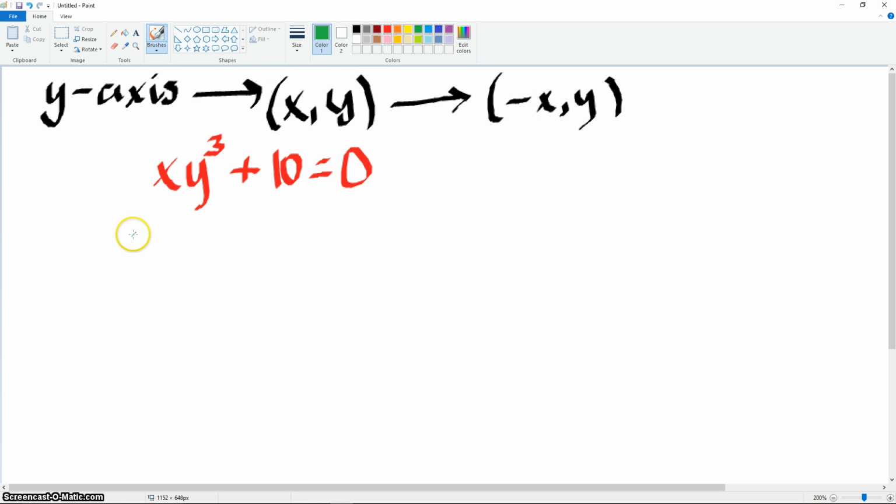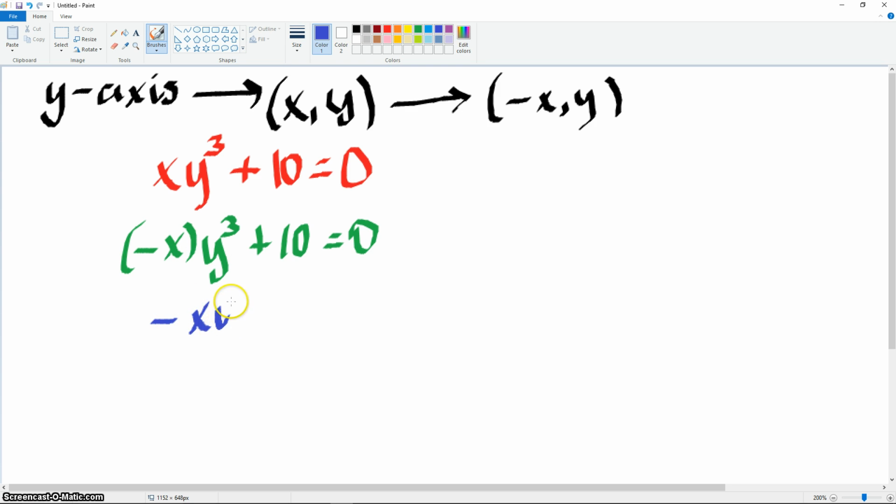I'm going to plug in a negative x, y cubed plus 10 is equal to 0. Okay? And a negative times a positive, so that's going to give us a negative x y cubed plus 10 is equal to 0.